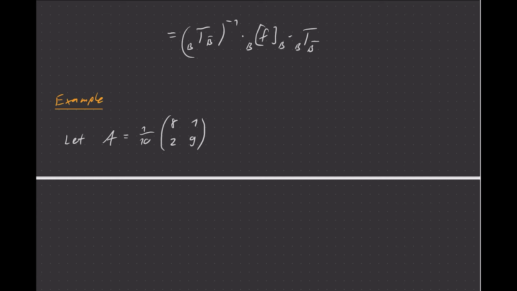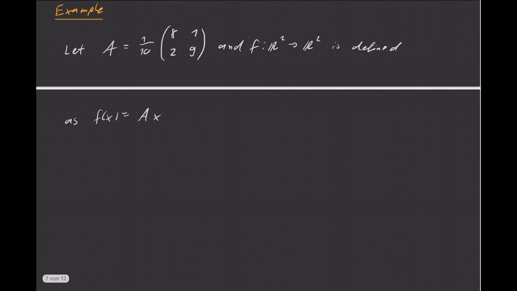And we define a linear mapping f from R2 to R2 as f of x equals A times x. So A is the matrix representation of f with respect to the standard basis.